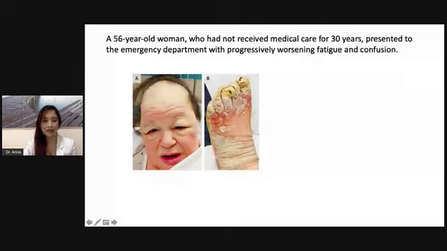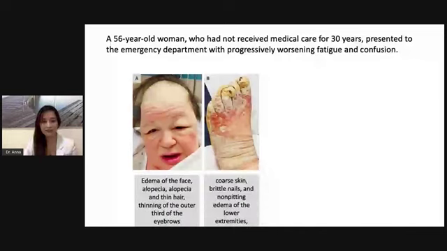So see very, very thin hair, you have alopecia, you have very puffy eyelids, puffy face, and you have coarse, dry skin, and the nails markedly neglected, and the thinning of the outer eyebrows. Outer third of the eyebrows, brittle nails, you have non-pitting edema of the lower extremities.